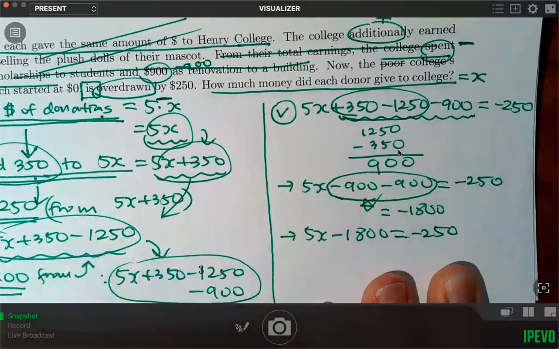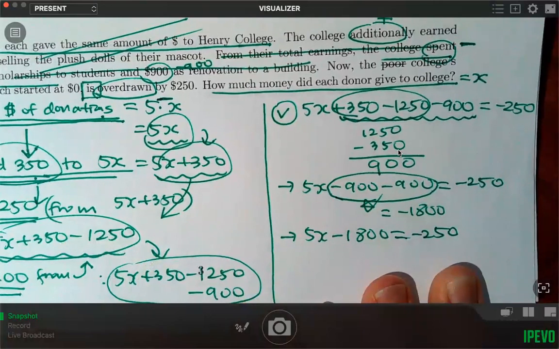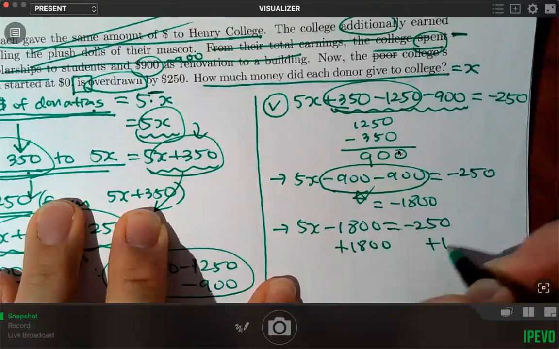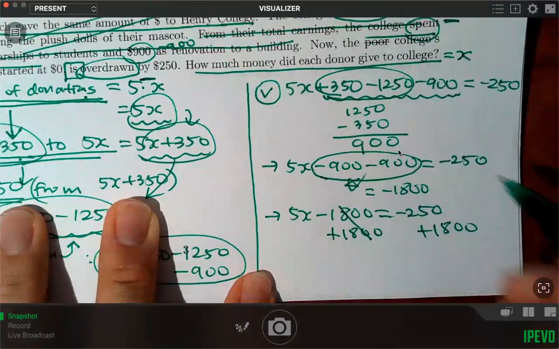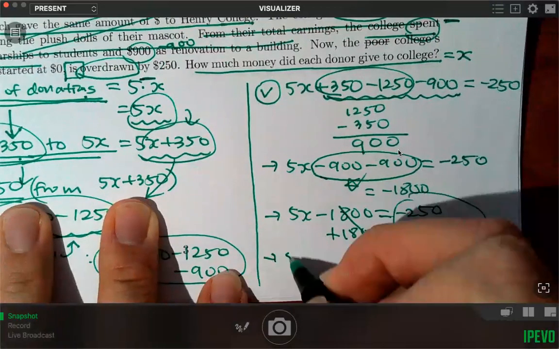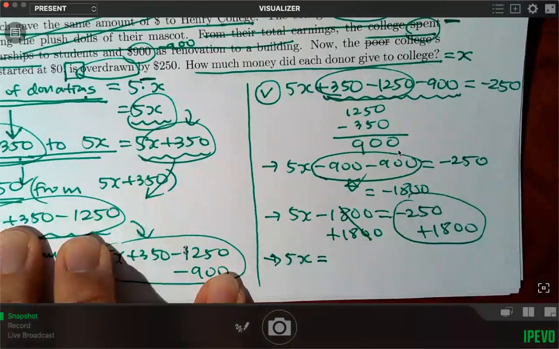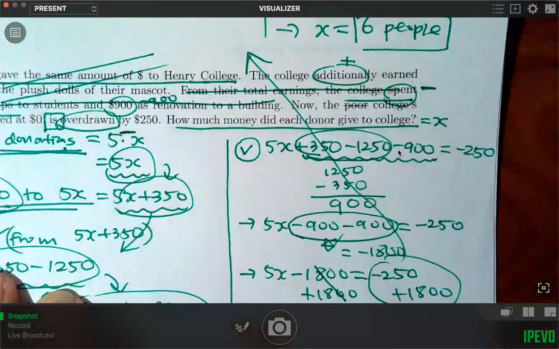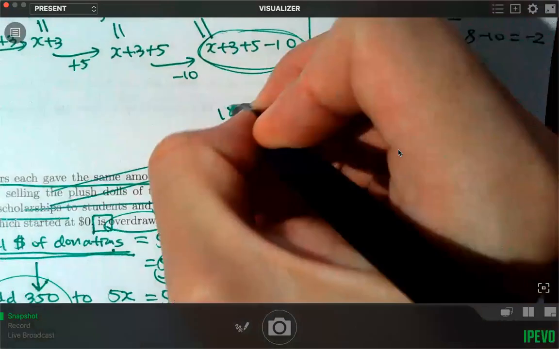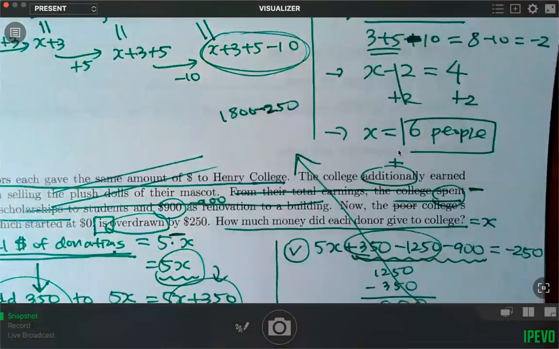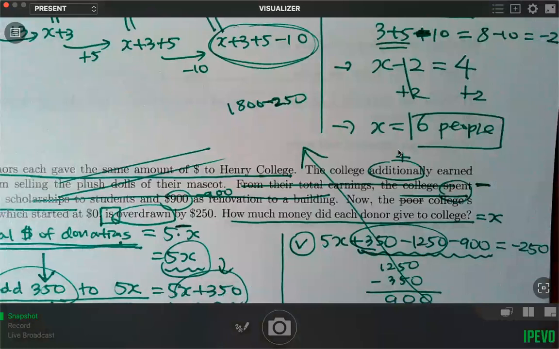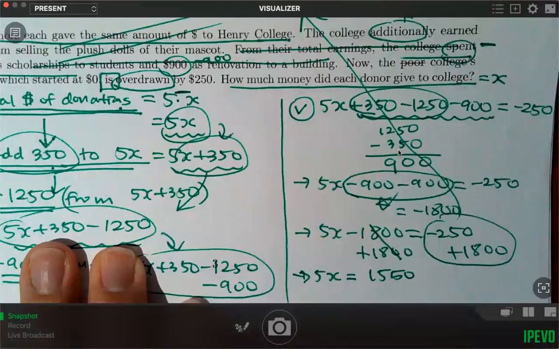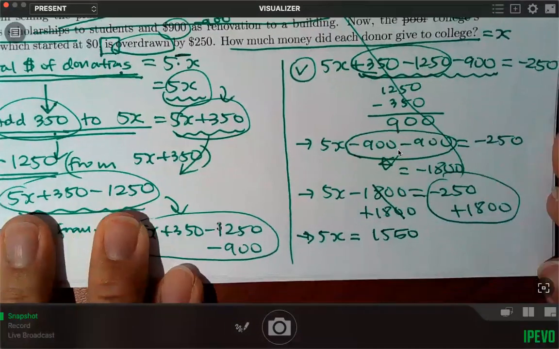And now what do you do? Plus 1800, yes. So plus 1800, and these two are gone. So now, what is negative 250 plus 1800? That's the same thing as 1800 minus 250, right? That's 1550, yes. Do you see that? So 1550. And then?